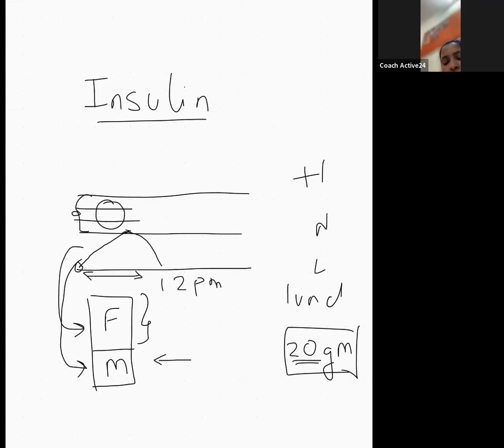And after this, if you also have salads in your meal, not so much sugar is released. It does release, but it takes a steep climb over here.